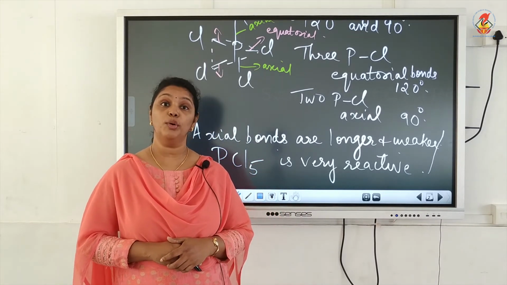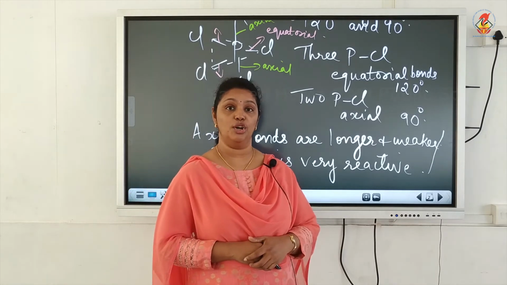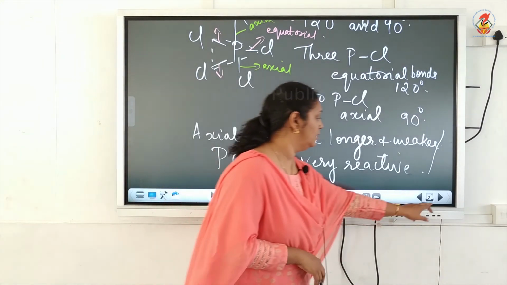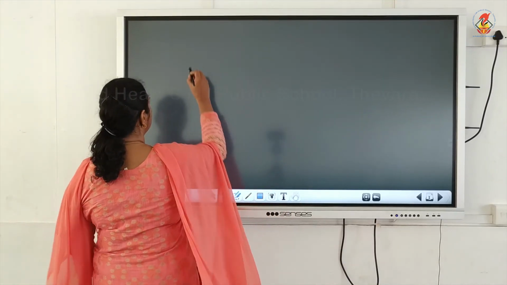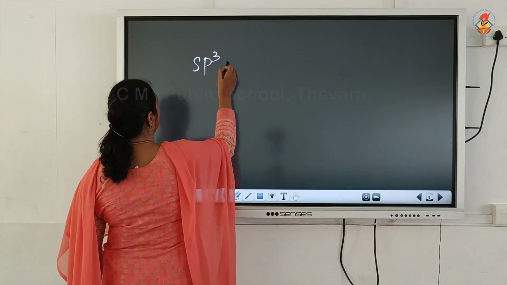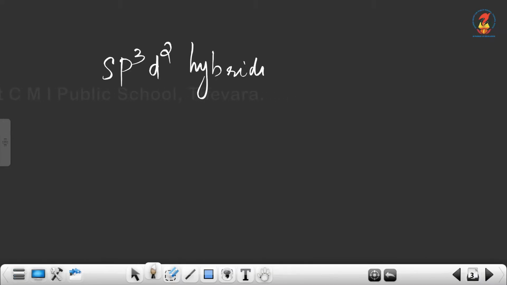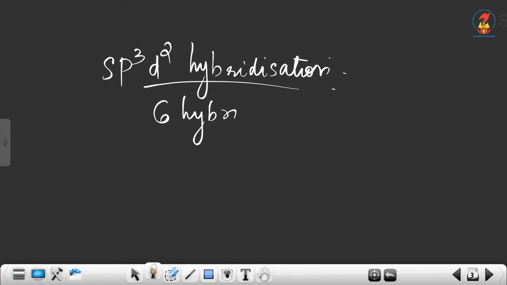Now we have one more type of hybridization involving d orbitals, that is sp3d2 hybridization. So the second type is sp3d2 hybridization. Now you can see sp3d2 means a total of 1 plus 3 plus 2, 6 hybrid orbitals are formed.